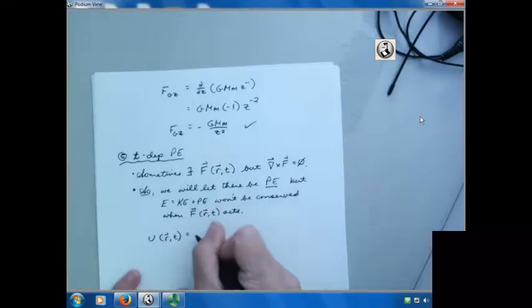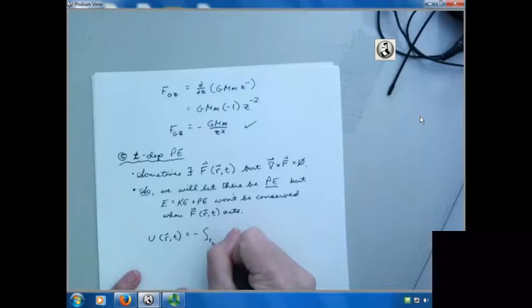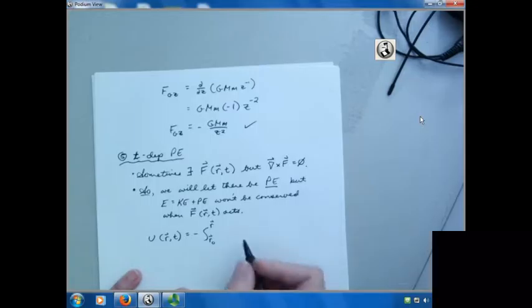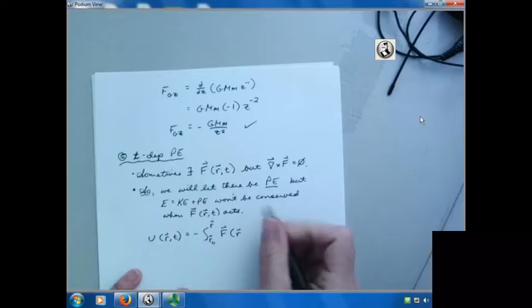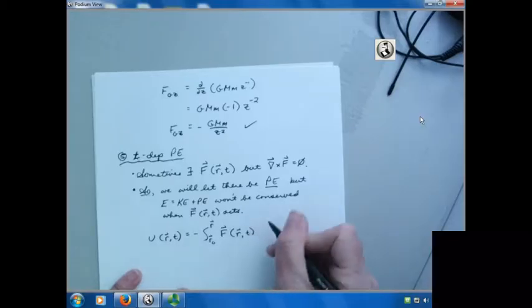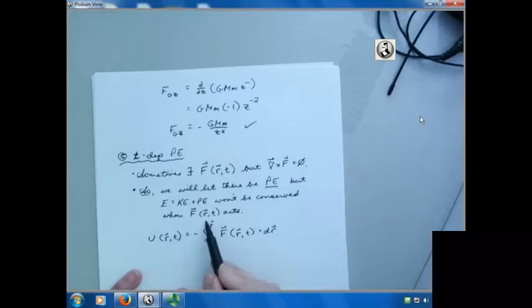It's negative the line integral from wherever I'm calling potential energy 0 to the point that the object is at, of F of r and t dotted with dr. And your author, whenever he has a definition like this where r is also one of the limits of integration, chooses to make an r prime within the integrand, just to make it clear. I don't know if we need that. I think it's fine this way, but okay.